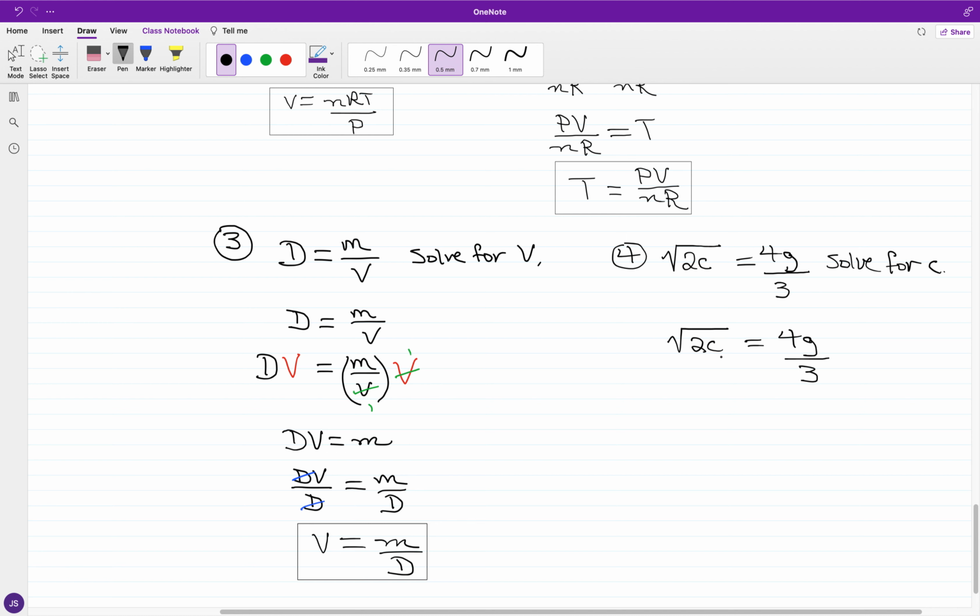And I'm trying to solve for c, but it's part of the product 2c, and where the product 2c is inside the square root. So I can get rid of the radical upon squaring both sides.